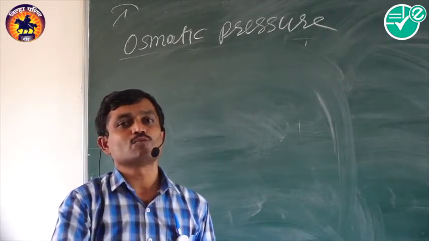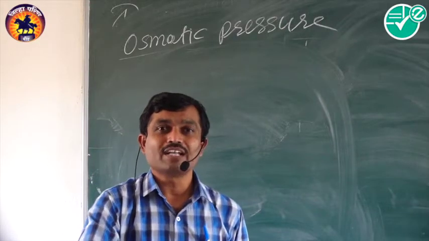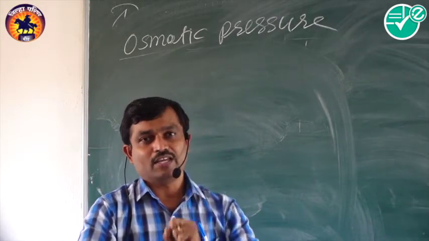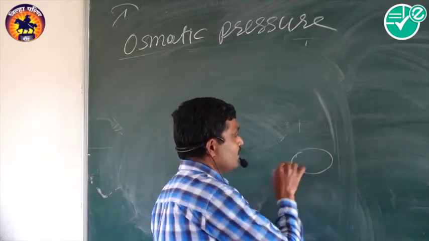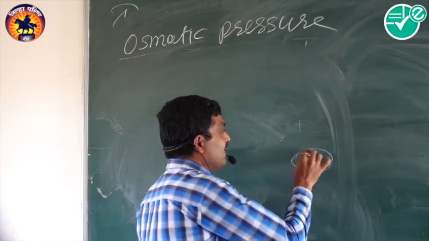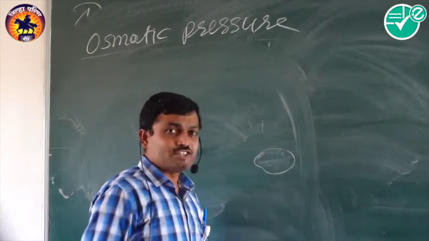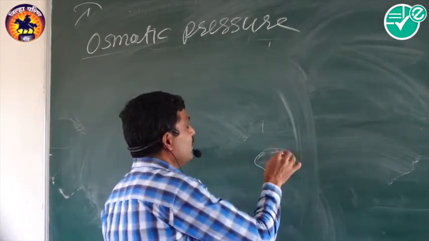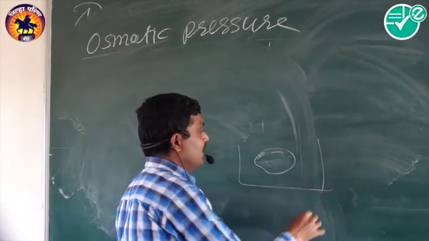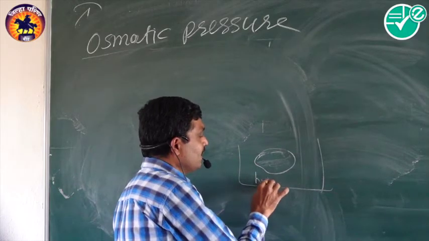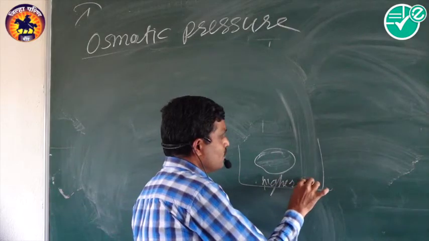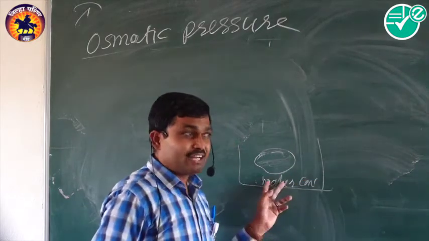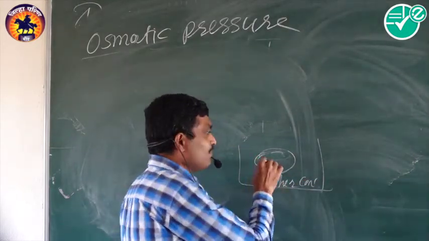The question which is to be asked in the exam: what happens if you take a cell? We know that the cell membrane is a semi-permeable membrane, and if we put that cell in a higher concentration solution, what happens?